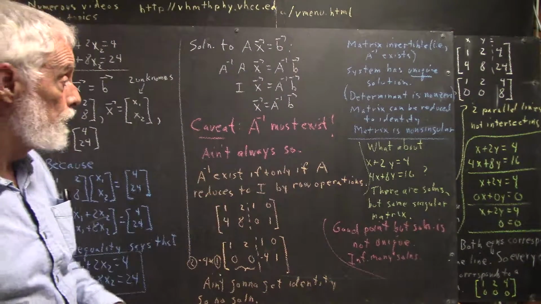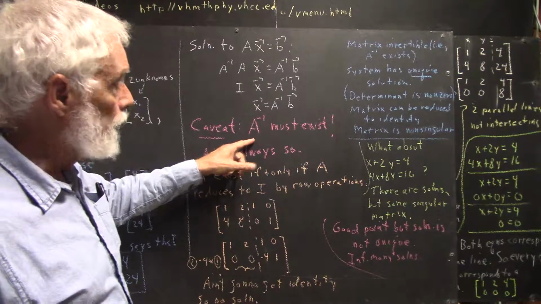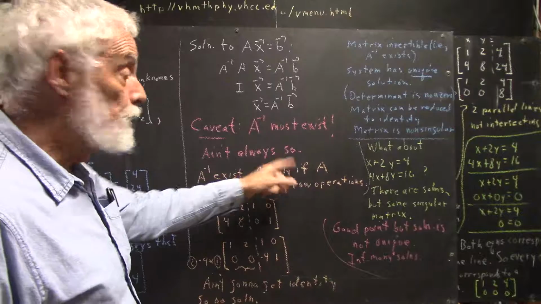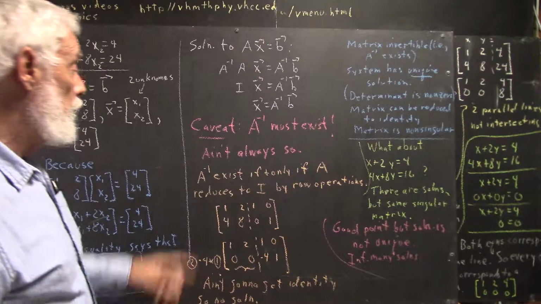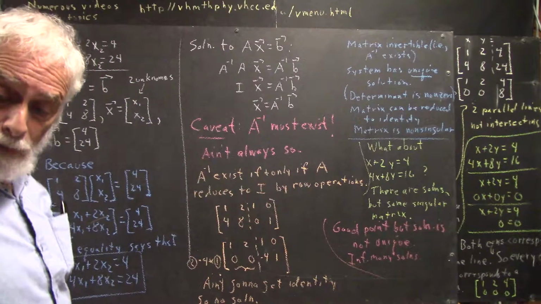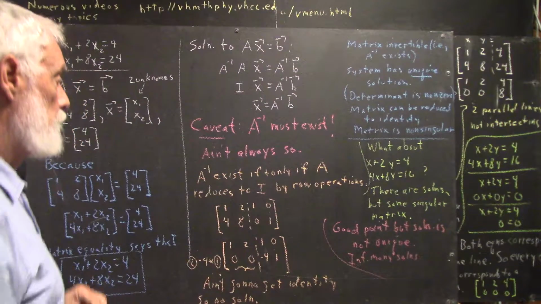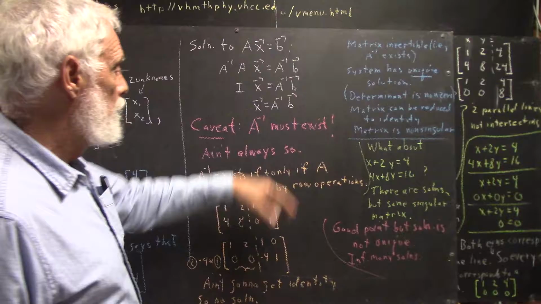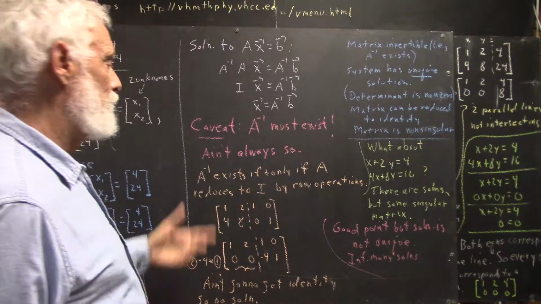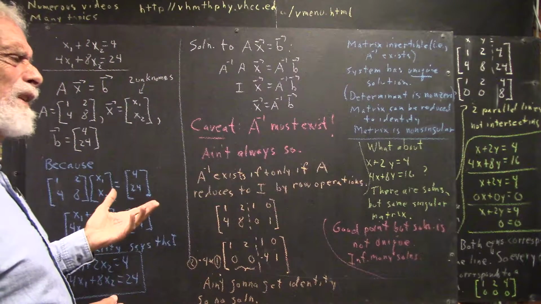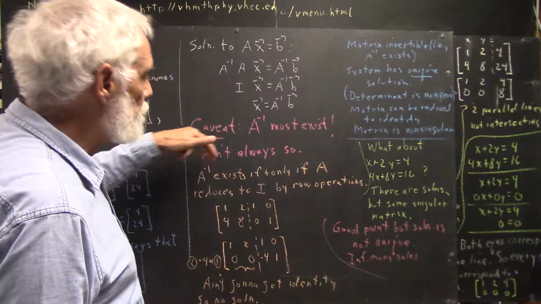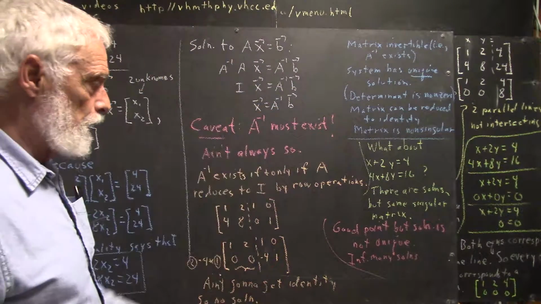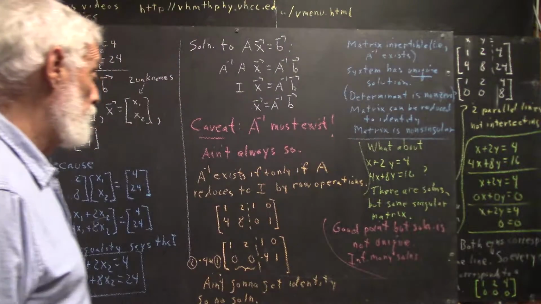There's only one catch. A inverse must exist. It doesn't necessarily exist. Ain't always so is what I said here. A inverse exists if and only if the A matrix reduces to the identity matrix by row operations.